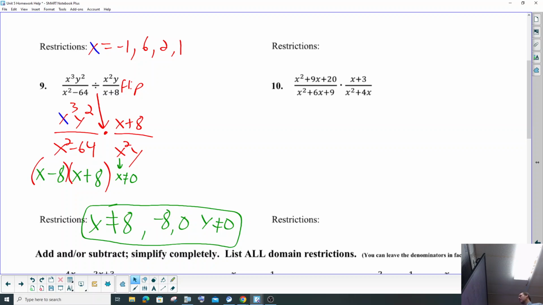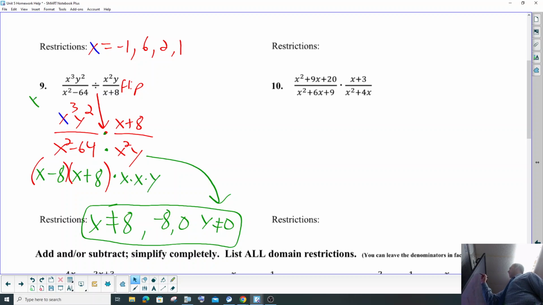Nice. Okay, so what else can cancel now? Can anything cancel? Well, we got a y that can't equal 0 and an x. Those were our restrictions there. So basically it's multiplication now, right? We've got an x and a y.